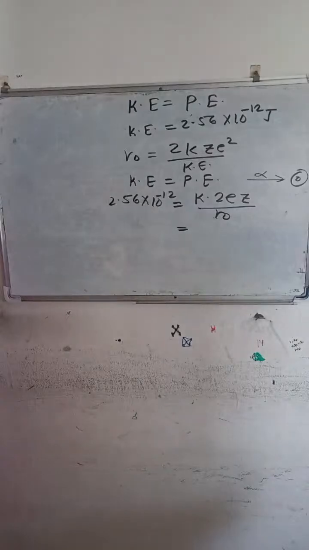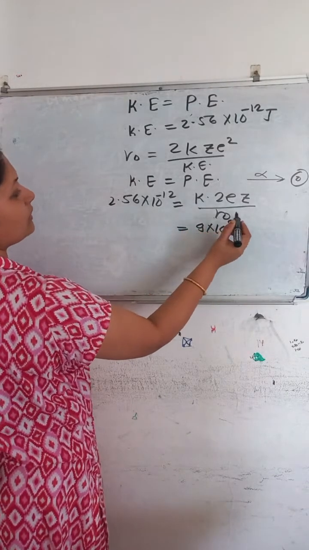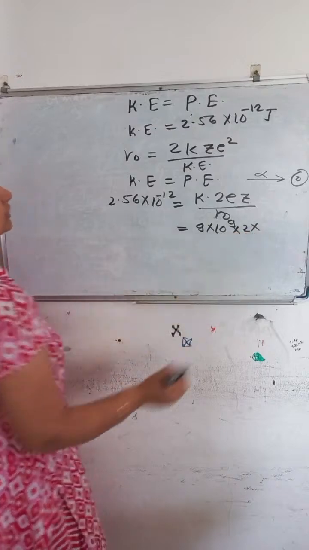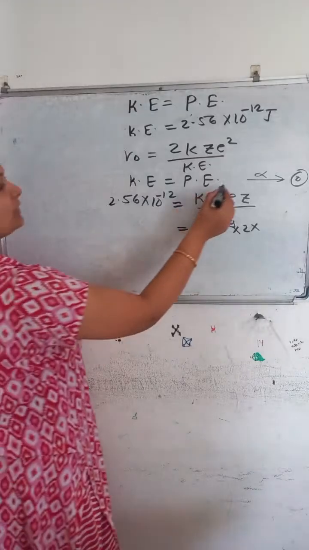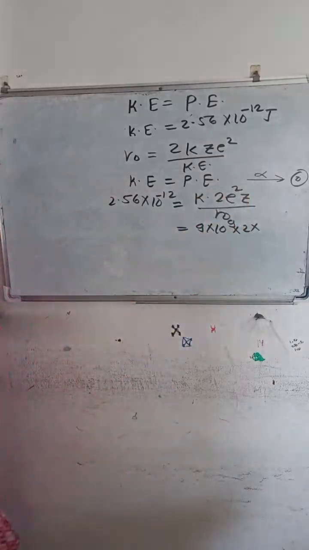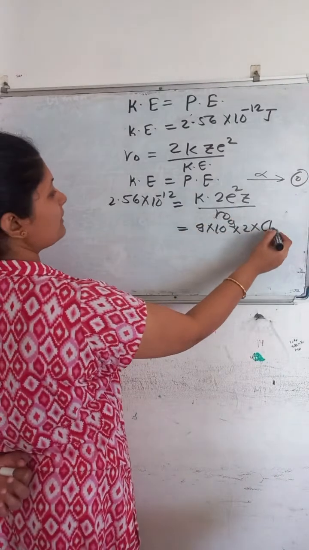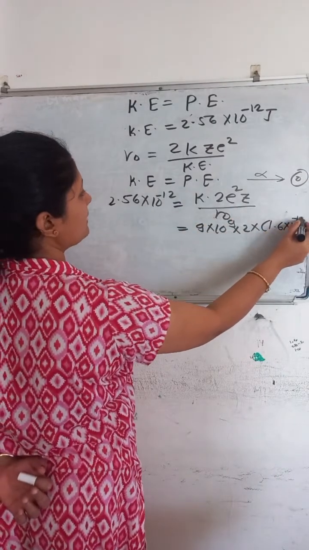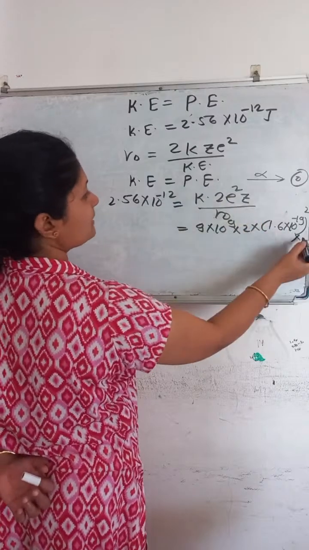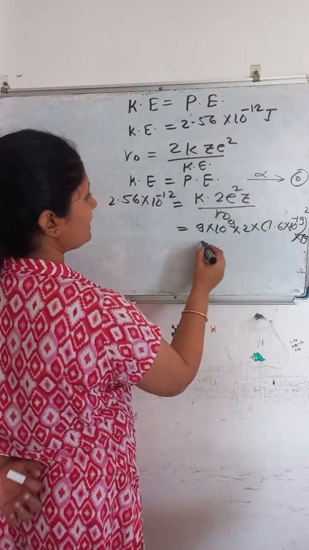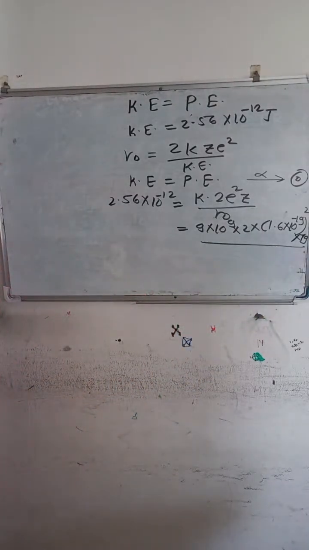K is 9 into 10 raised to 9, into 2 times the charge on the particle. Sorry, here e square is there. E square, that is 1.6 into 10 raised to minus 19 whole bracket square. Z is given for gold foil, that is 79, divided by R naught.